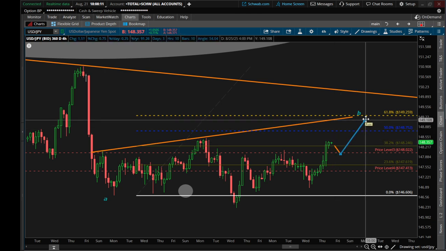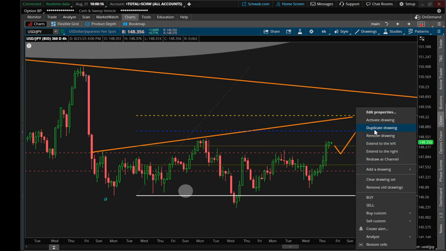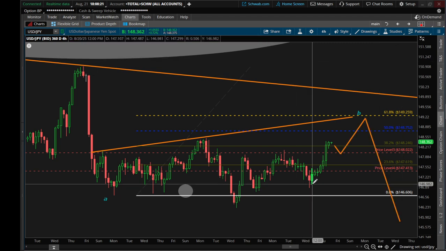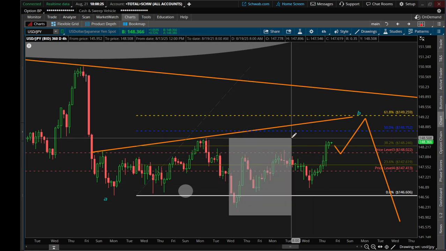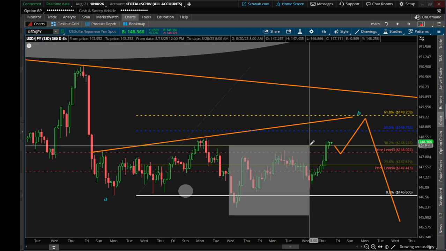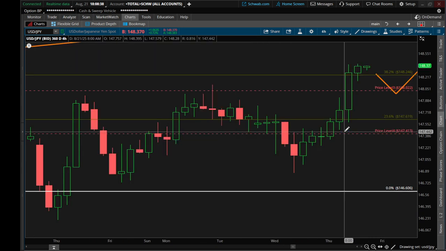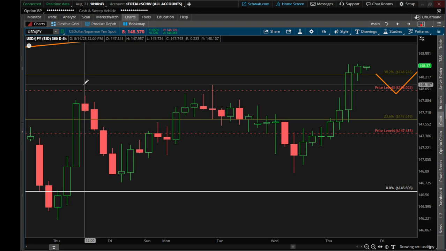I'm going to go ahead and finish out this prediction here. Okay, so hopefully you can see these 3 moves here with the pullback, and what is happening right now is this last sub leg C. Okay, so let me go ahead and label that so you can follow what I'm tracking.